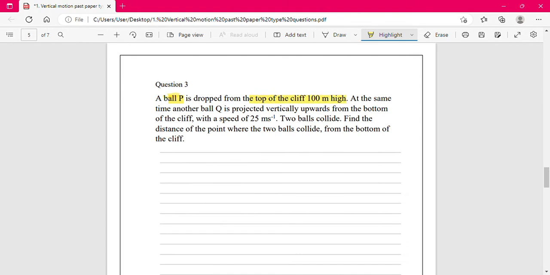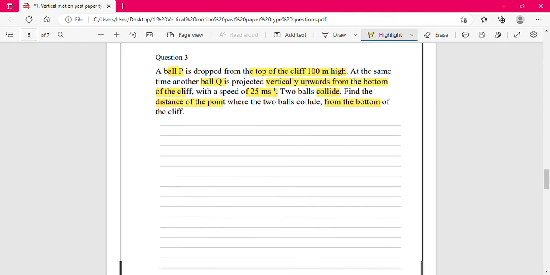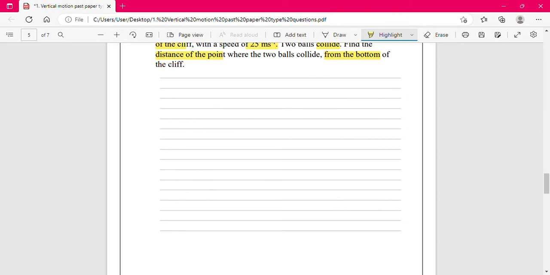At the same time, another ball Q is projected vertically upwards from the bottom of the cliff with a speed of 25 meters per second. Now two balls collide. Find the distance of the point where the two balls collide from the bottom of the cliff. Okay, so let us make a sketch of this. Okay, so this is the cliff.